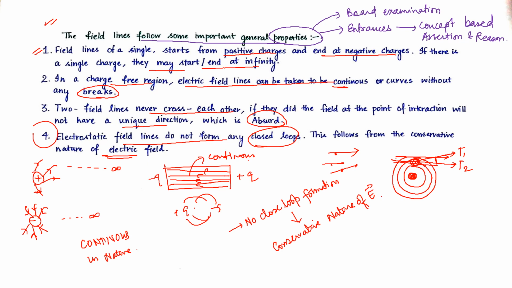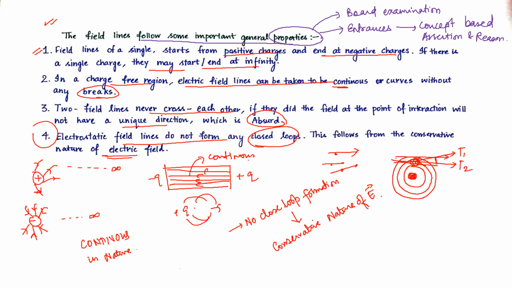So these are the important general properties of the field lines which one should read and understand, and I will just recount them. From a positive charge, a field line starts and ends at a negative charge. If there is just a single charge present, they may start or end at infinity.